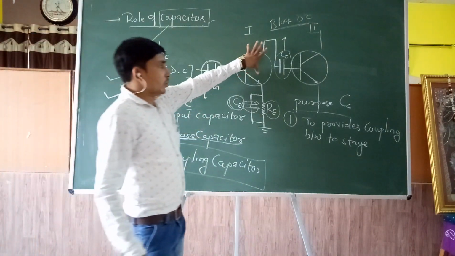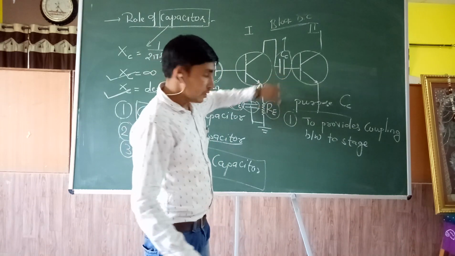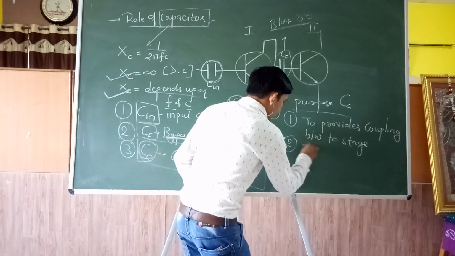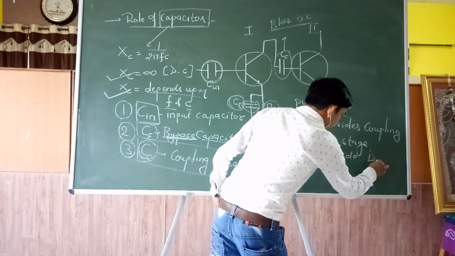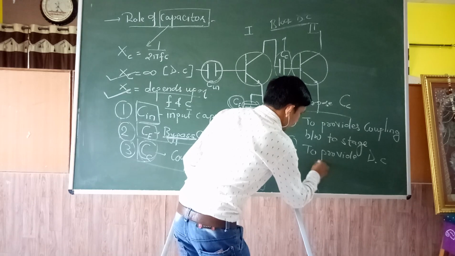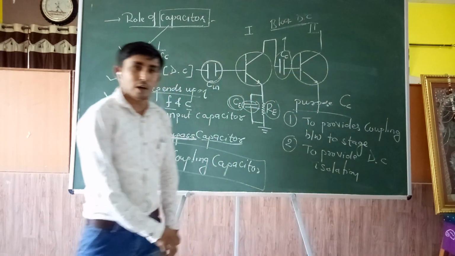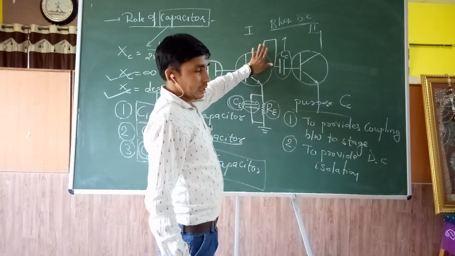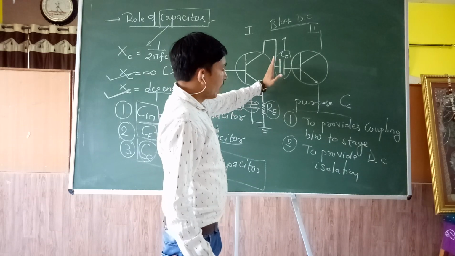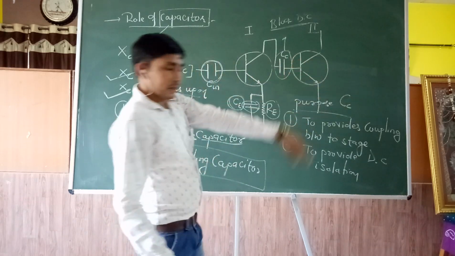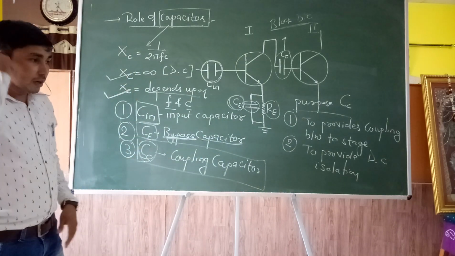That means the output of the first stage will be fed to the next stage via CC. And second, to provide DC isolation. That means it blocks DC and allows AC, so whatever DC components are present in the output will be blocked by the coupling capacitor, and it will pass the AC signal to the next stage. So this is the purpose of this capacitor.